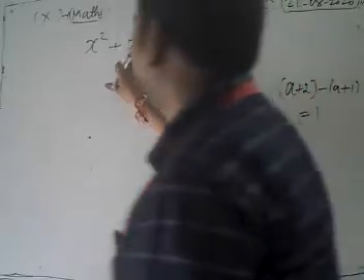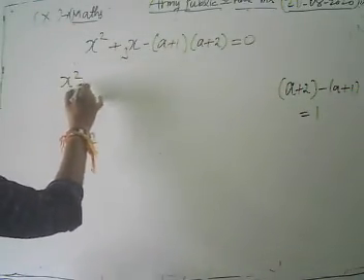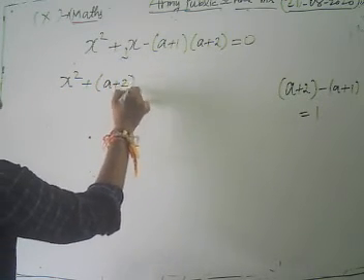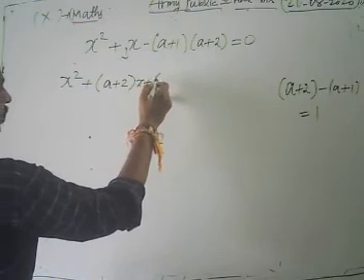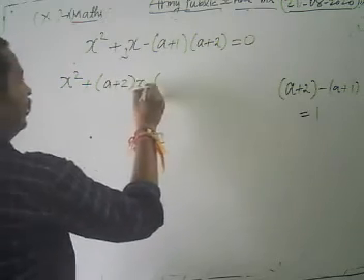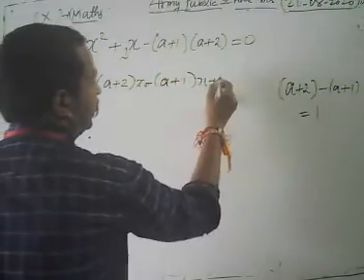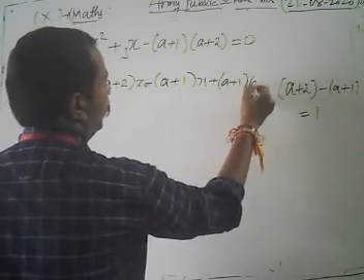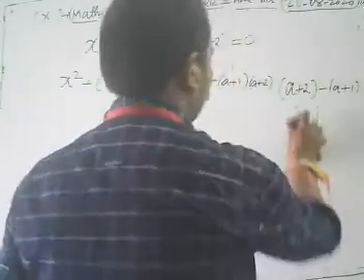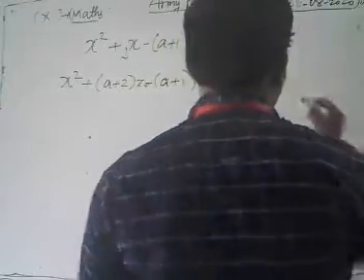This means we can write in the middle place x square plus (a plus 2)x, not plus, we have to take minus (a plus 1)x, and plus the term (a plus 1)(a plus 2), equal to 0.